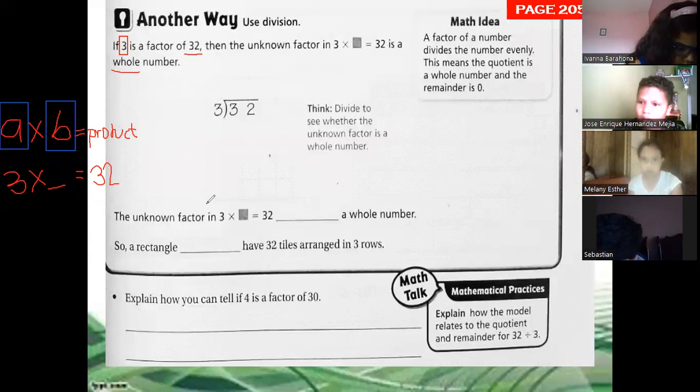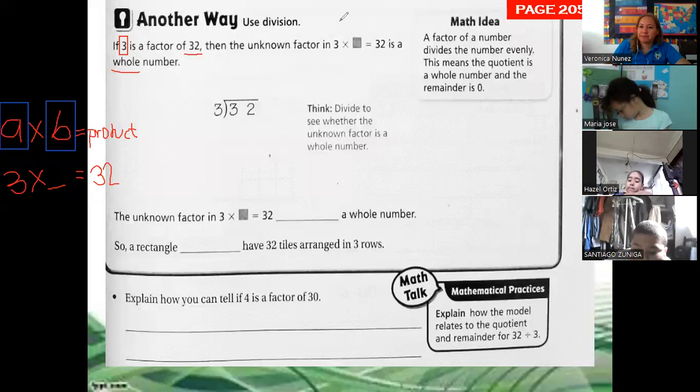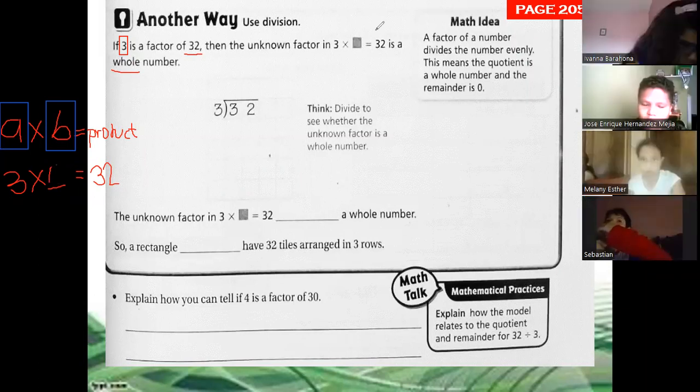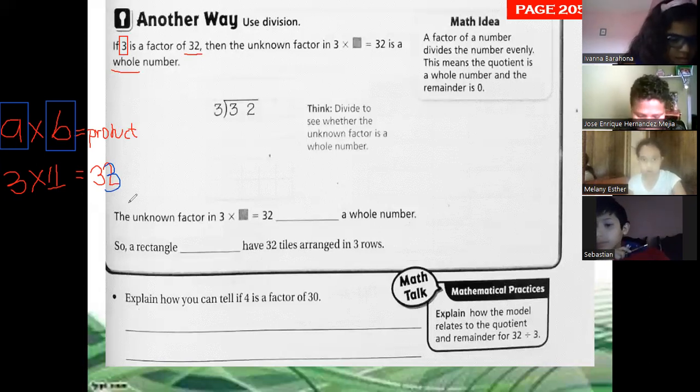We know that 3 times 10 equals 30. So Santiago says 3 times 11 equals 32. 3 times 11 equals 33. So 3 times 10 is 30. Well, we need an exact number.